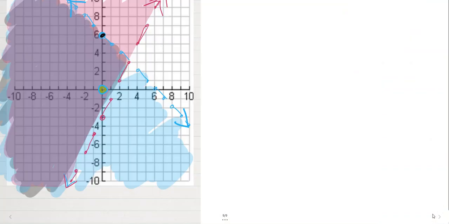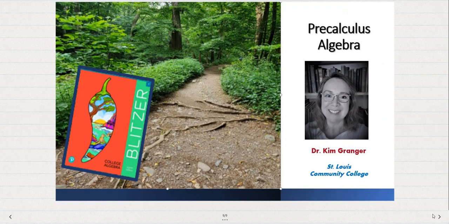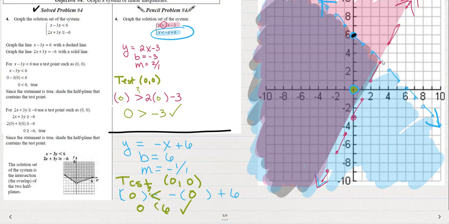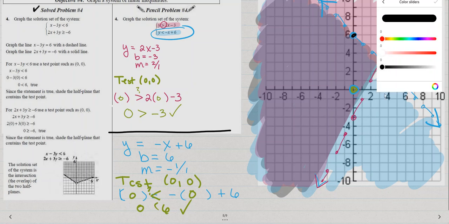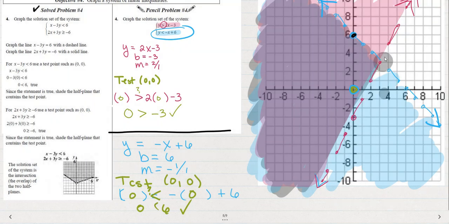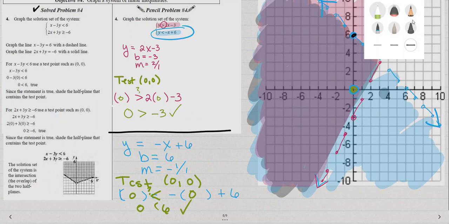To solve a system of inequalities, what we want to do is graph each half plane and then determine which part is shaded for both. Notice, by the way, that this corner point itself is not included, right? Do you see that?